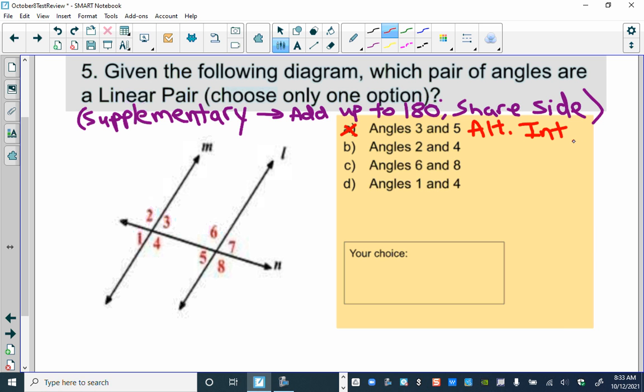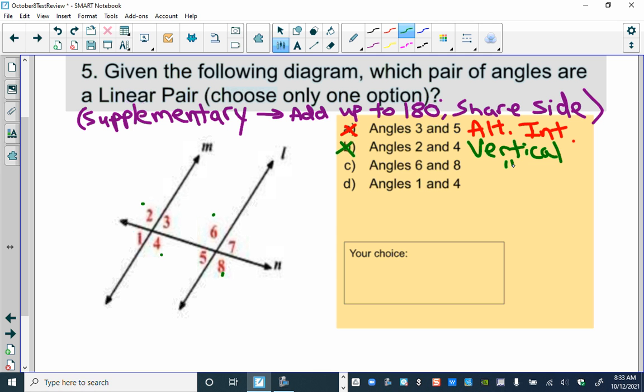What about 2 and 4? Would 2 and 4 work? Why not? Yeah, exactly. They're verticals. 2 and 4 are not going to work because they're vertical. What about 6 and 8? Would 6 and 8 work? Basically, it's the same thing. They're also vertical.